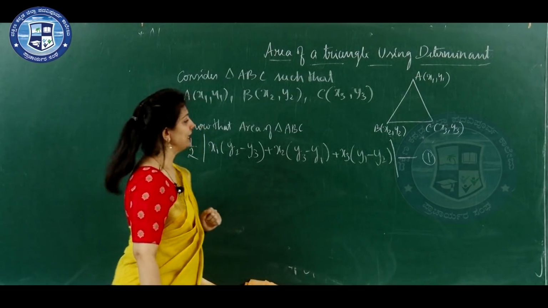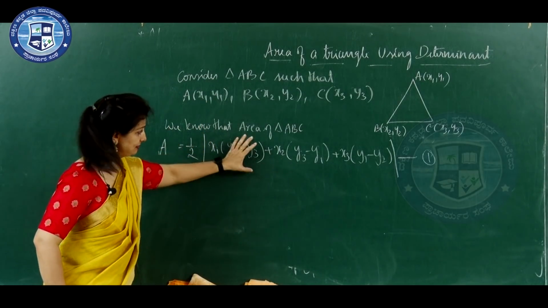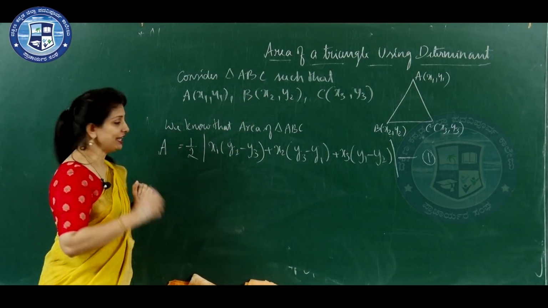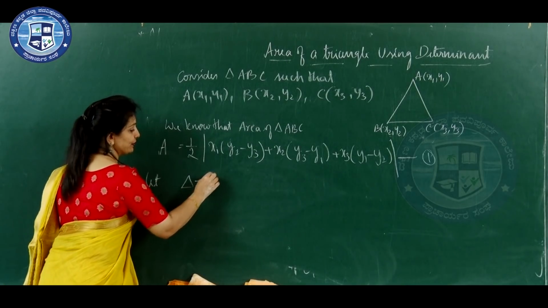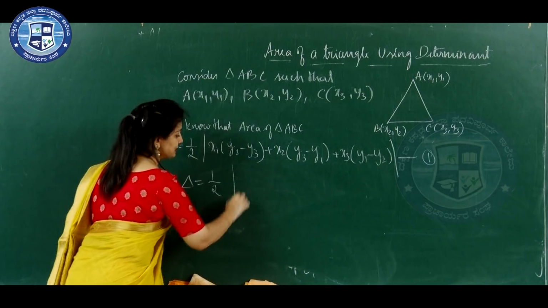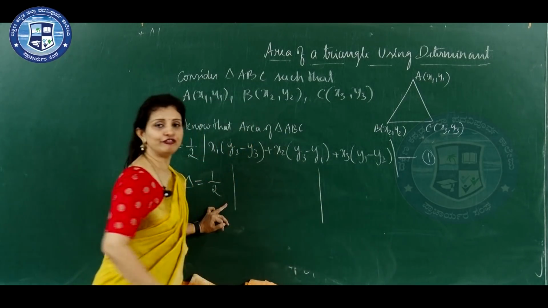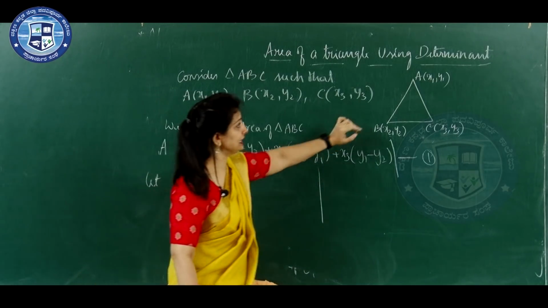Now, is it possible to get the same answer using the determinant? To find that, let us consider delta is equal to half into determinant of order 3 taking the coordinates.